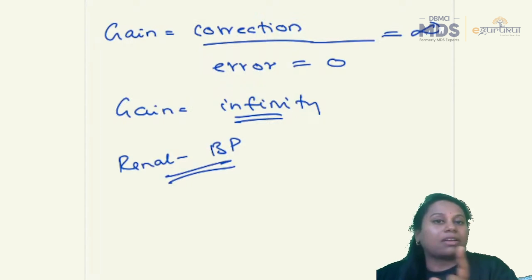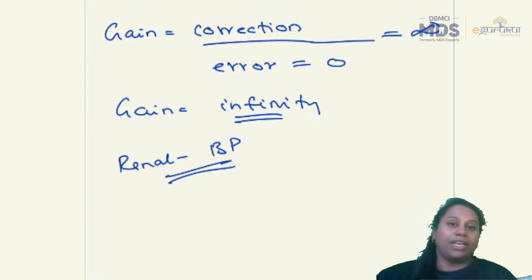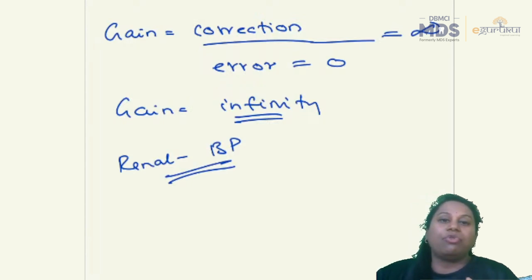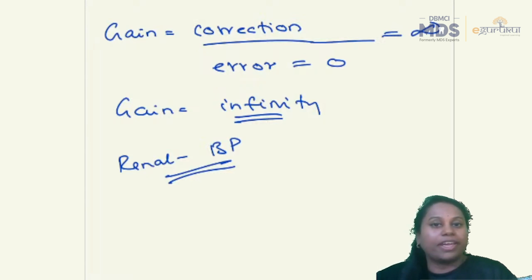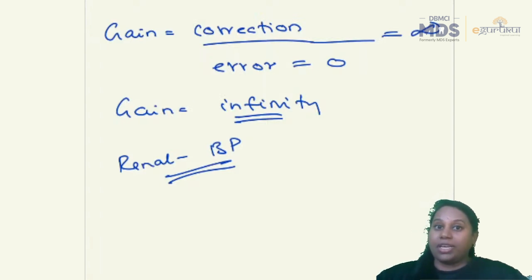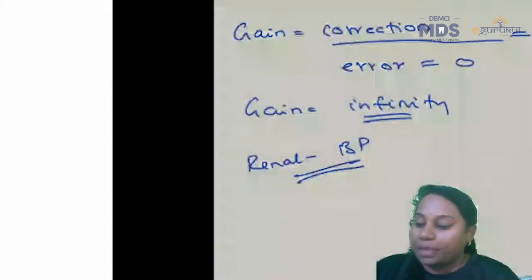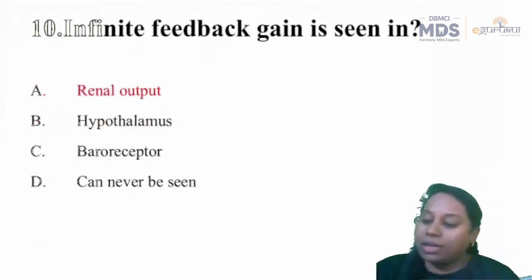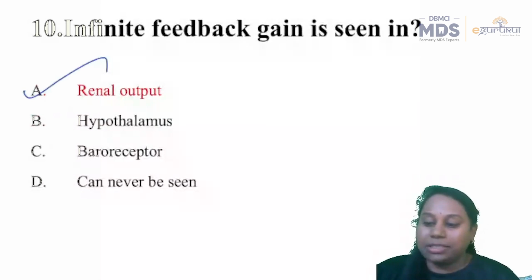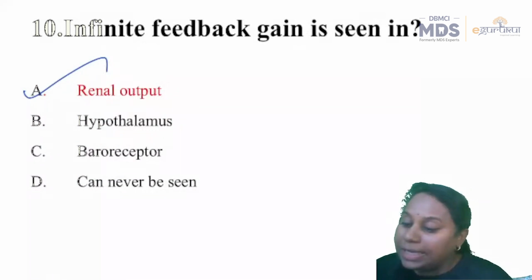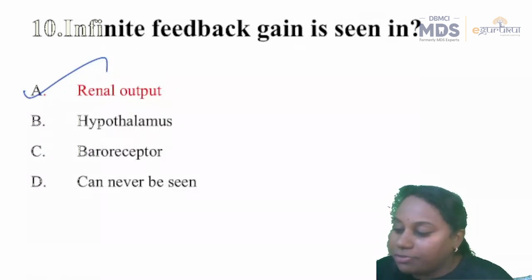When kidneys are regulating blood pressure, they leave no error. So error is equal to 0, and since error is 0, gain becomes infinity. This is the only system which has infinite gain. Can you understand? There's no error. That's why so much gain. So infinite feedback gain is seen in renal output. Kidney regulation produces infinite gain.